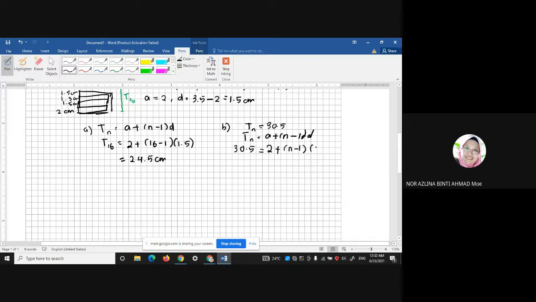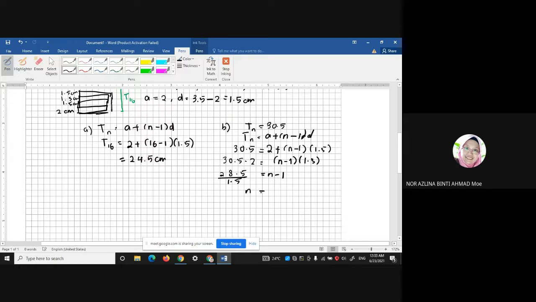D is 1.5. So now we bring 2 to the left hand side. This is n minus 1 multiply 1.5. So this is 28.5 divided by 1.5. This is equal to n minus 1.